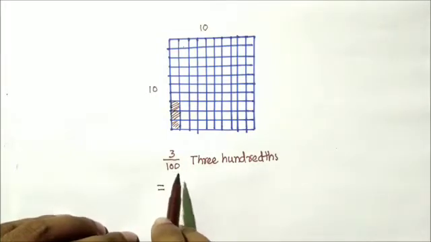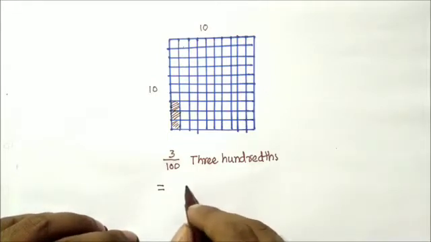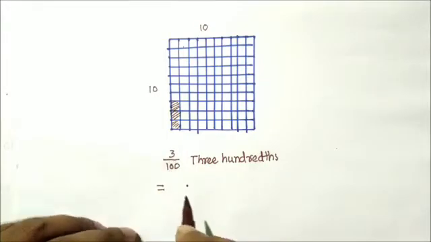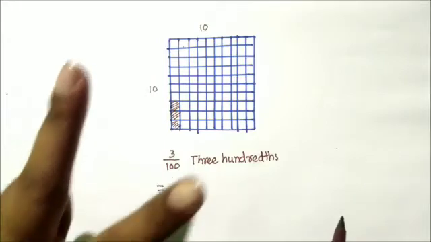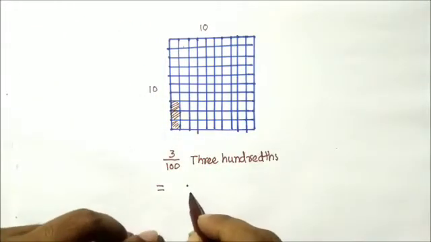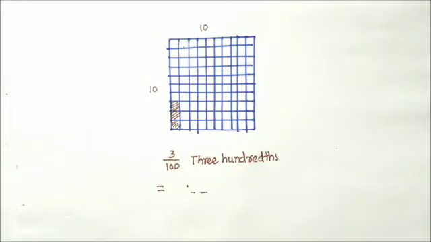So we will place a decimal point and write 3 in such a way that after the point there remain 2 digits.